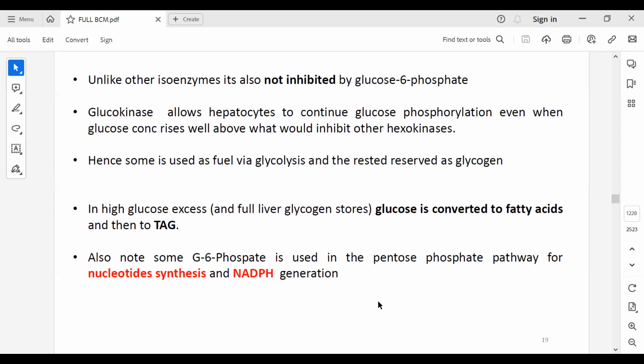So you know that to enter pentose phosphate pathway, glucose 6-phosphate, the first product of glycolysis, can just enter the pentose phosphate pathway and make for you your ribose, and then further into nucleotide synthesis. Of course, generate NADPH.